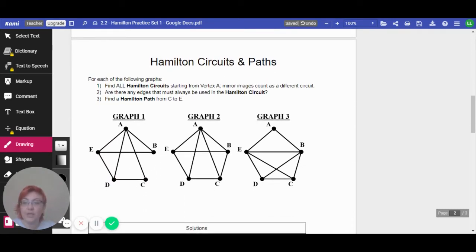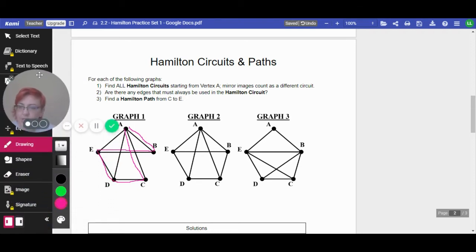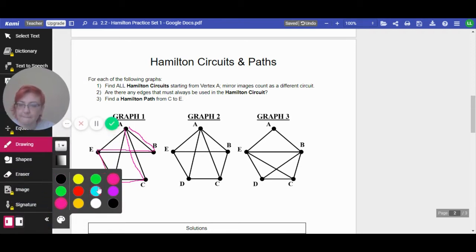For each of the following graphs, find all Hamilton circuits starting from A. And mirror images count as a different circuit. Okay, so I can go A, B, E, D, C, A. Okay, that's me starting going A to B. I'm going to move this up here so I can get a different color.